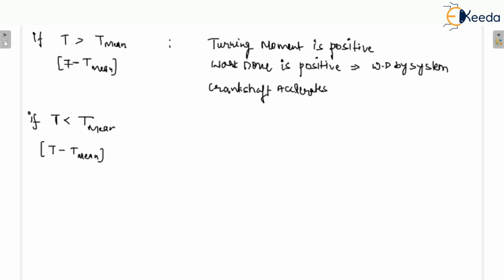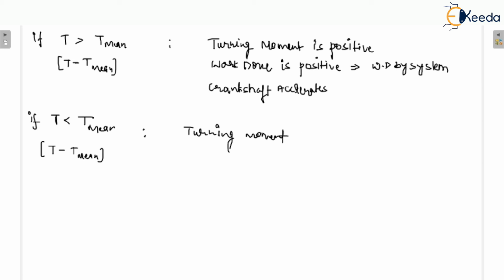So the turning moment comes out negative here. If T is less than T mean, the turning moment will be negative, because when you subtract T minus T mean, you get a negative value since T is less than T mean. So here the turning moment is negative. I'm writing that the turning moment.